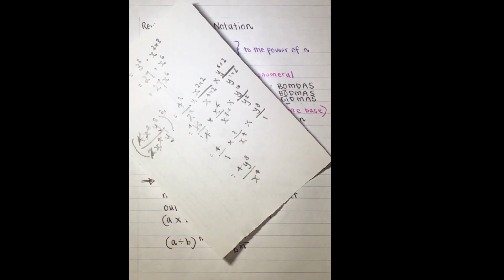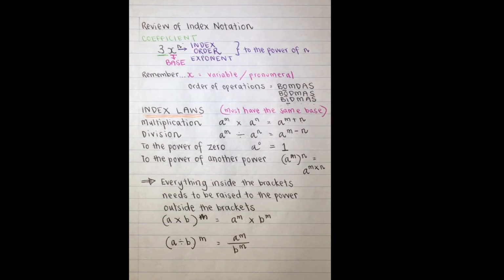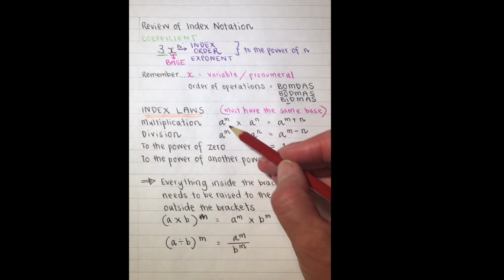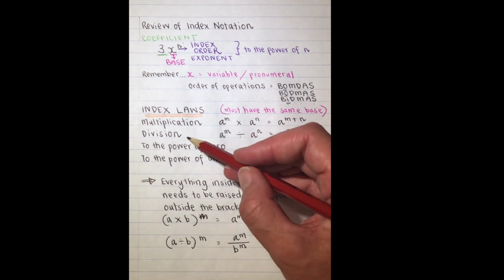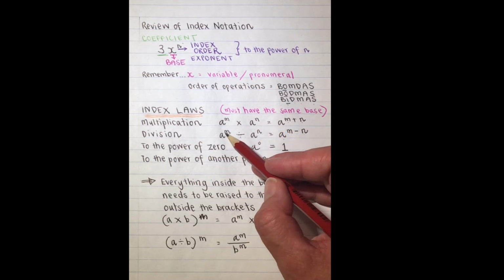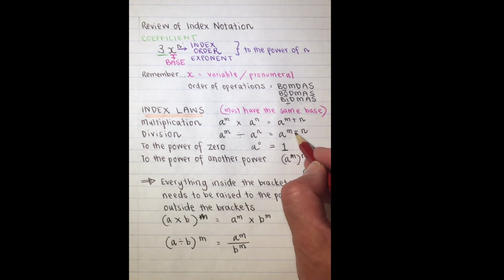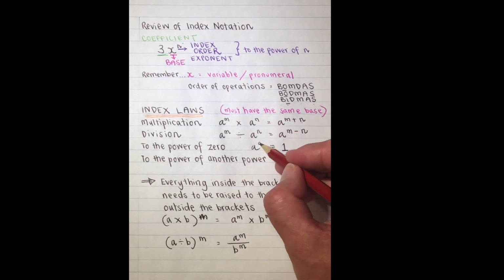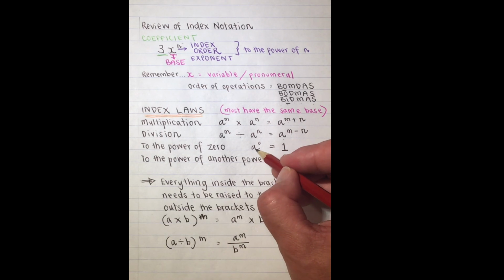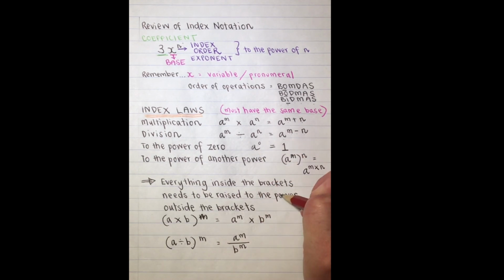So what's super important to remember here is multiplication, same base, a to the m times a to the n, m plus n. Division, same base, m minus n. And that proved to us that anything except for 0 to the power of 0, a to the power of 0, a can be anything except 0, is 1.